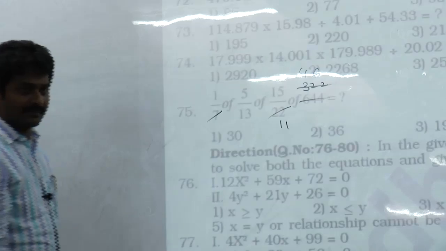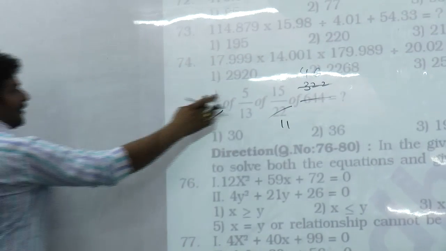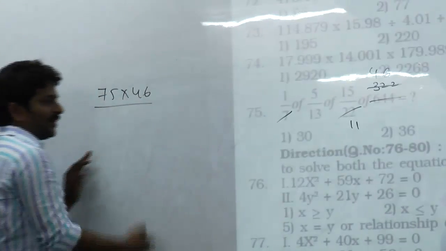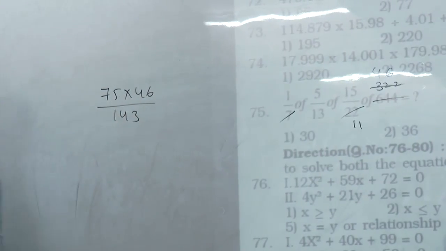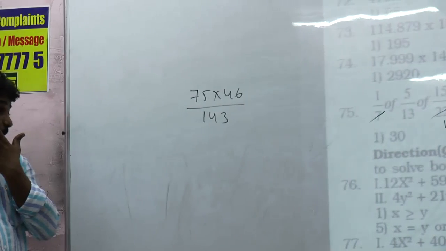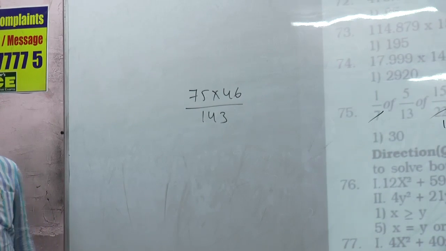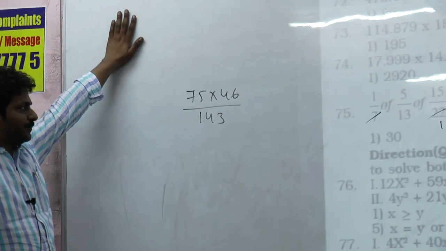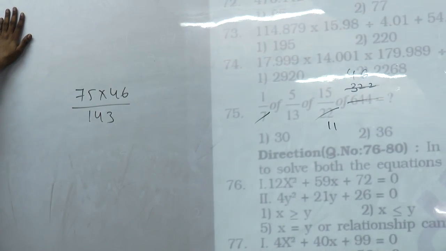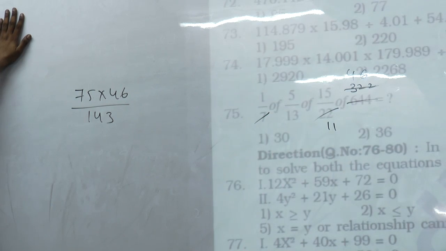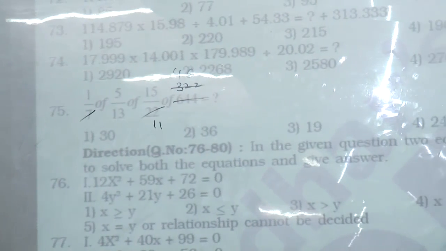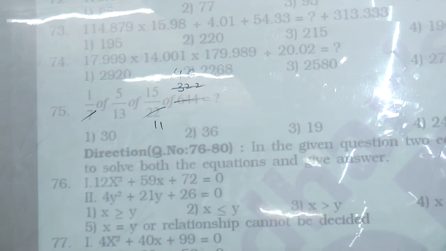That's it, right? 5 into 15, 75. Into 46. 11 into 13. 143. That's fine, no issue. Yeah, fourth option only.